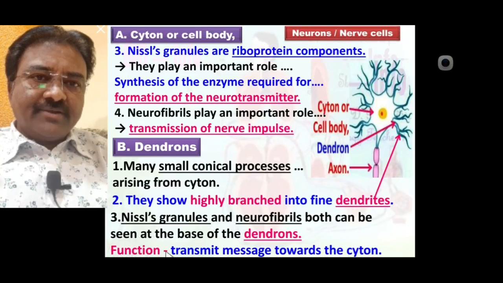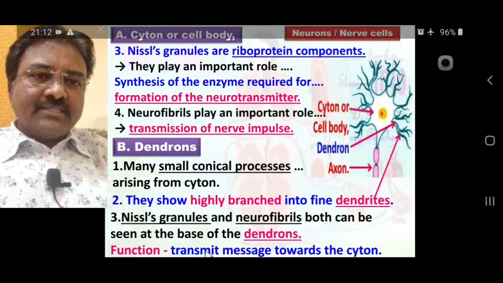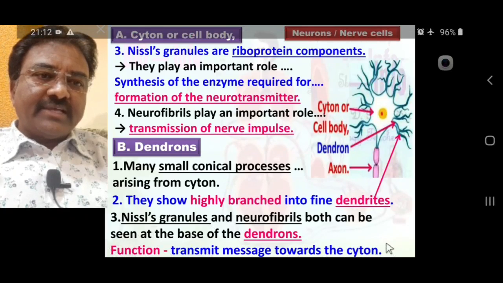Now fourth point, function base. What is function of dendron? Transmit message towards the cyton.